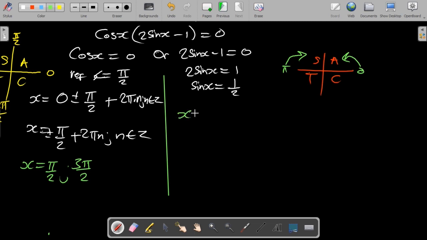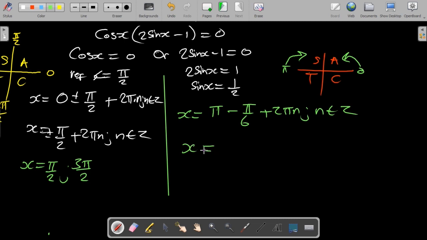So x would be pi minus, which is one of the positive sections, then our reference angle, so arc sine of a half, is pi over 6. And we're going to add the period, which is 2 pi n. So the period of sine is 2 pi as well, and n is an integer. Then the other section where it is positive, that's where we have 0 plus.